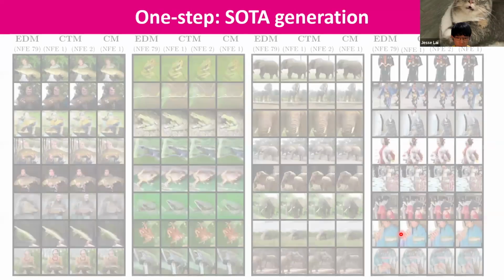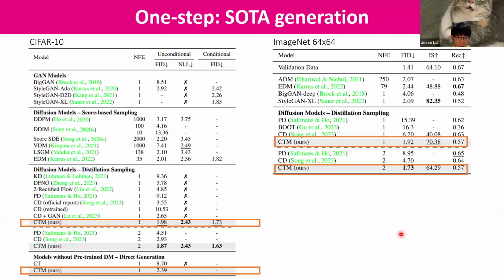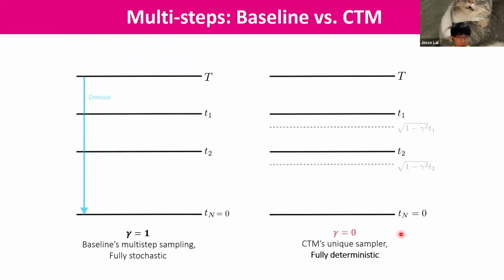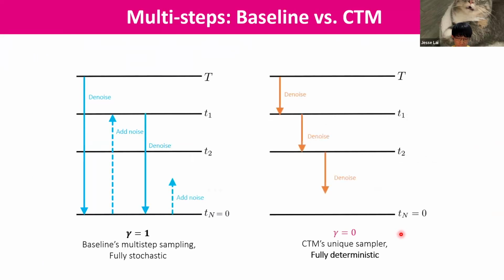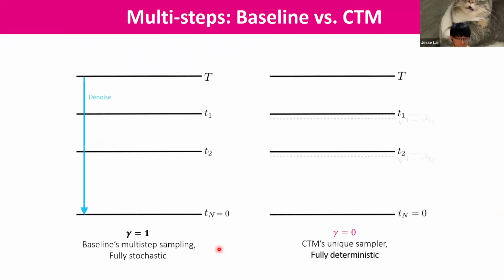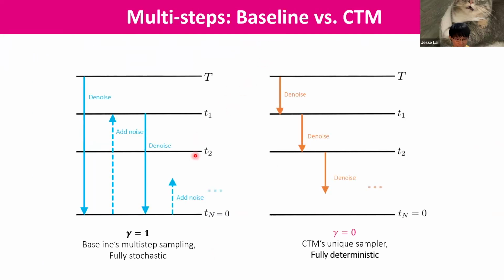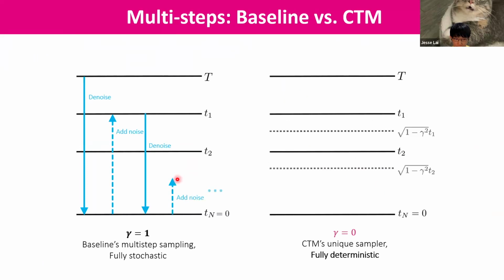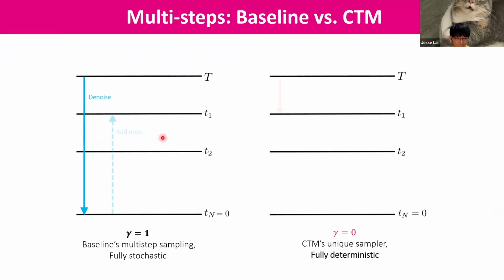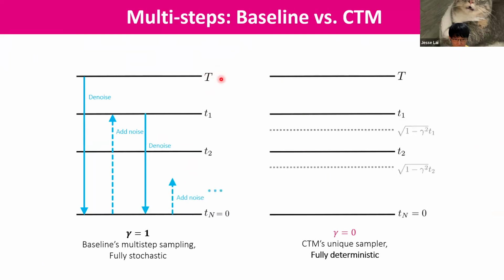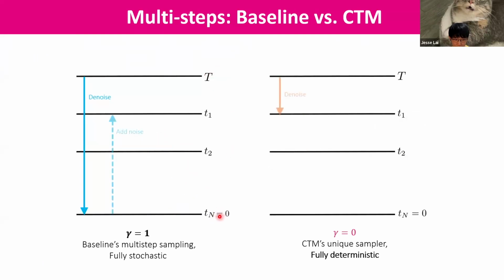Yeah, so this is about one-step generation. And for CTM, we can also do multi-step. Let me explain a little bit what I mean by the baseline. The baseline means the consistency model and how it does multi-step. For their multi-step, the capital T is the very noisy manifold, and 0 is the very clean manifold.